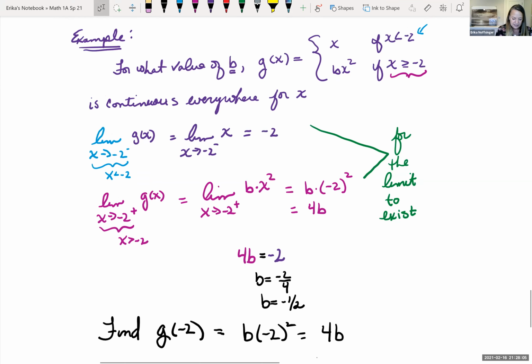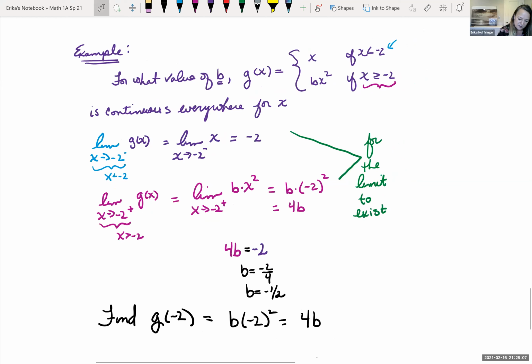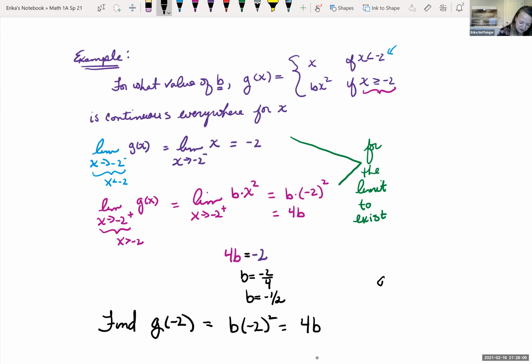So it does exist. Let's go back in and show it: if I have g of x equal to, let's plug in b equals -1/2, this would be x if x is less than -2, and -1/2 x squared if x was bigger than or equal to -2.